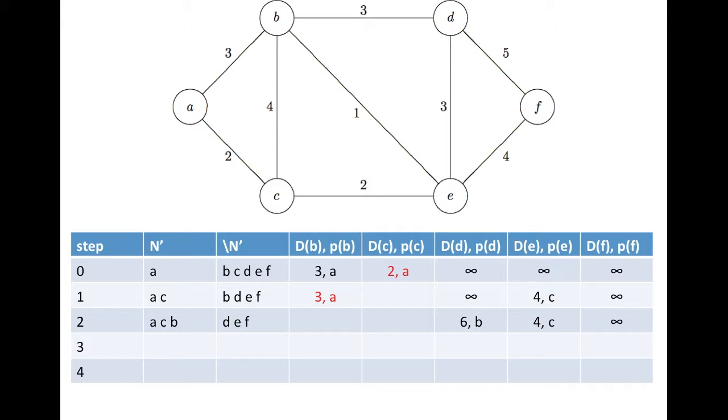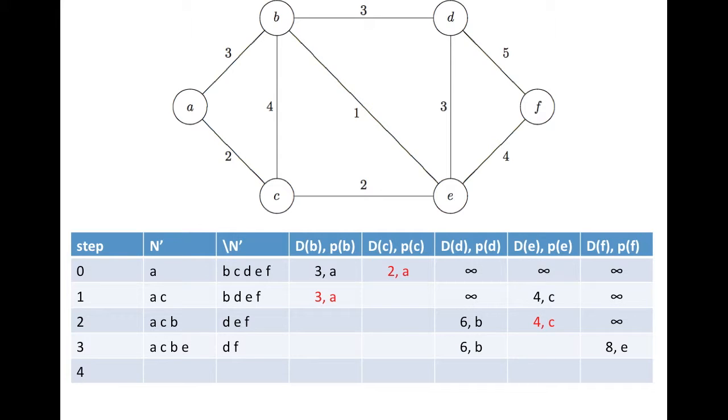So D(D) is 6 and p(D) is B. Shortest way to reach E is going through C, which adds up to 4 units. We can't reach node F through nodes A, C, B, so we put infinity.